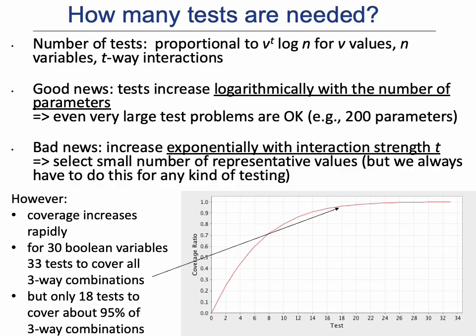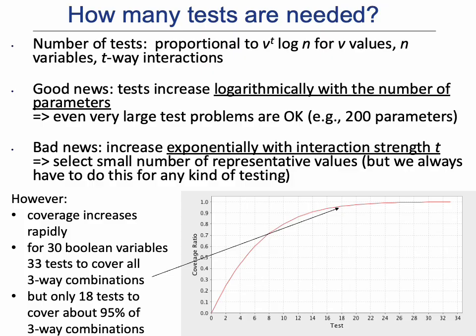However, the coverage does tend to increase very rapidly, so we have an example below at the bottom of the screen. With 30 Boolean variables, 33 tests will cover all 3-way combinations, but by the time we've gotten to a little over half of that number of tests, we've covered about 95% of these combinations.